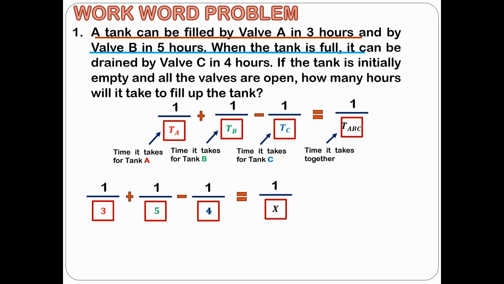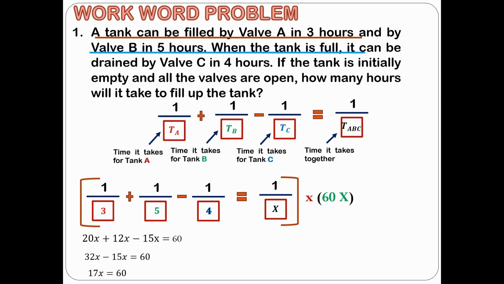To solve for x, we will get the least common multiple, or LCM, and then multiply it on both sides of the equation. Now the LCM is 60x. After multiplying, the equation will become 20x plus 12x minus 15x equals 60.